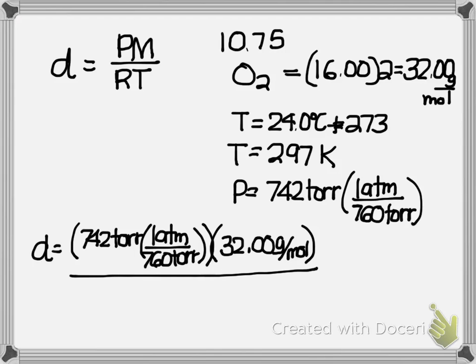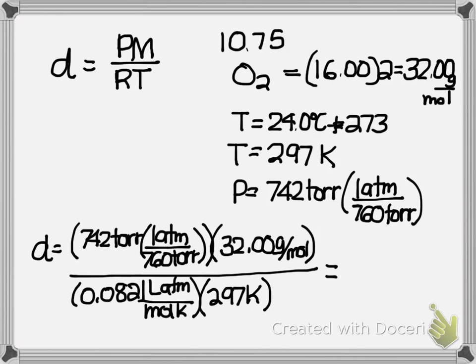And I'll divide this by R, which is the gas constant. That's always the same. And then multiply it by T.